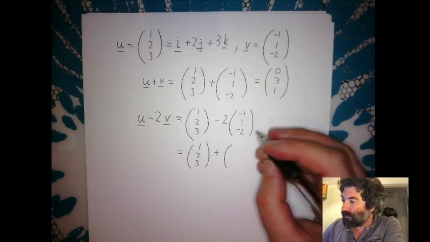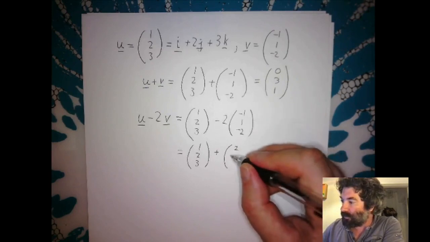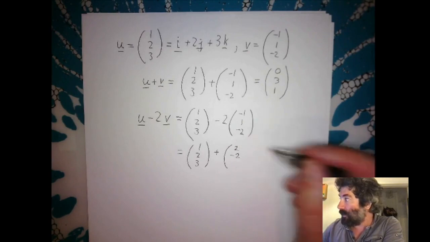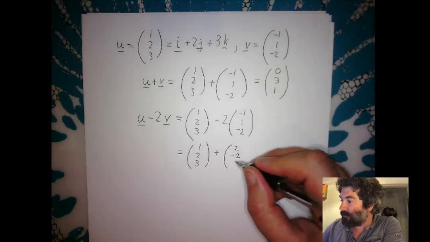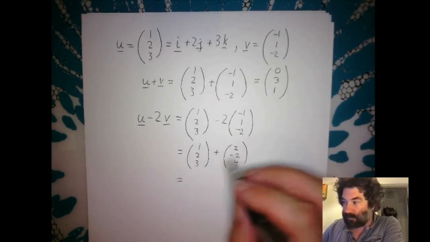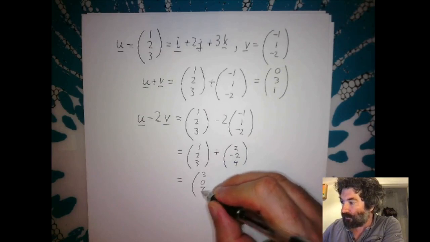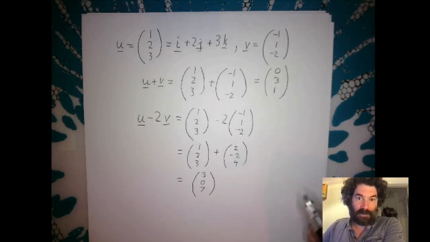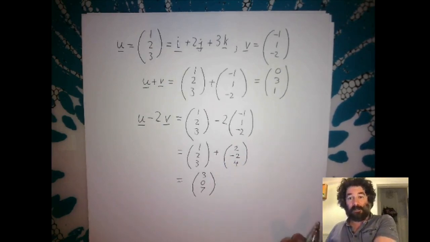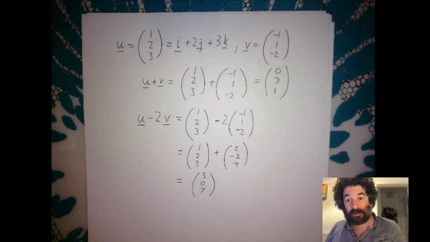So -2 times -1 is 2. -2 times 1 is -2. And -2 times -2 is 4. And then we add the components just as before. So this would then be 3, 0, 7. Okay, so it's fairly simple. To do scalar multiplication, you just multiply the scalar by each of the components. And to add vectors, you simply add the components together.